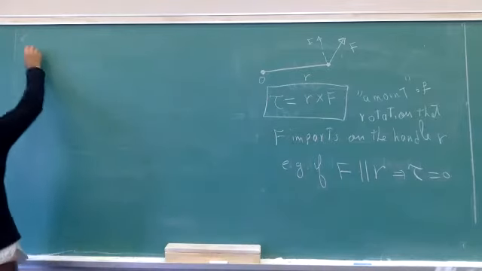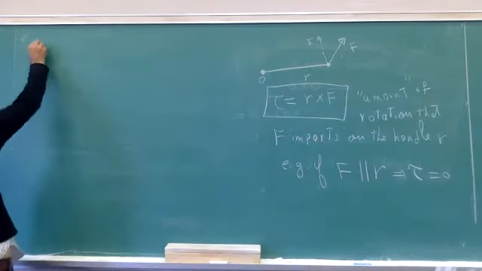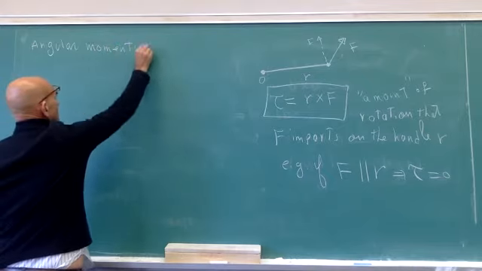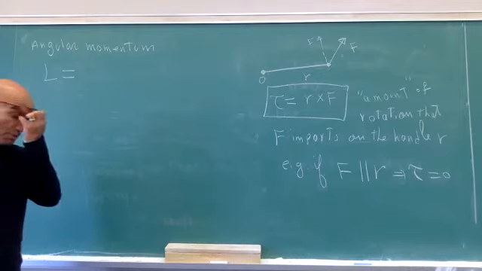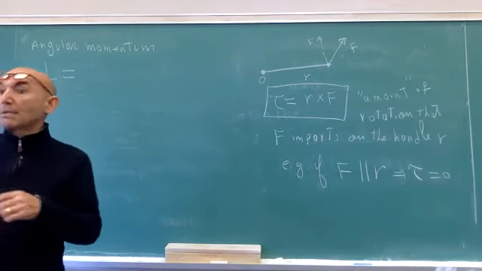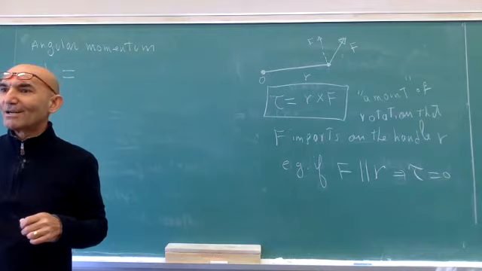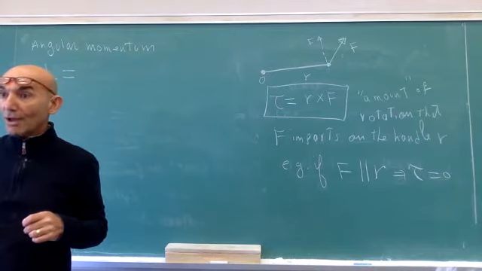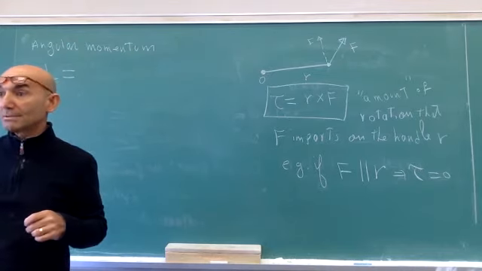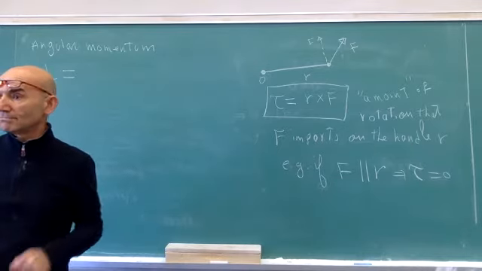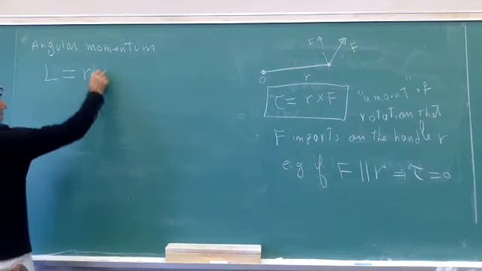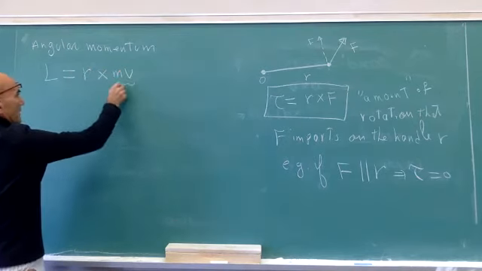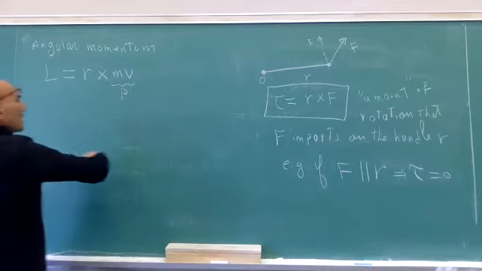So angular momentum L is, you remember, R cross P, which is mv. Is R cross mv. But this mv is momentum P. When you cross it, you get angular momentum.